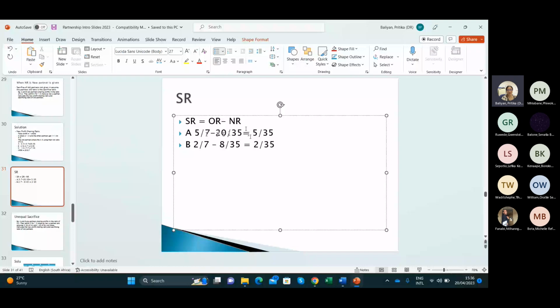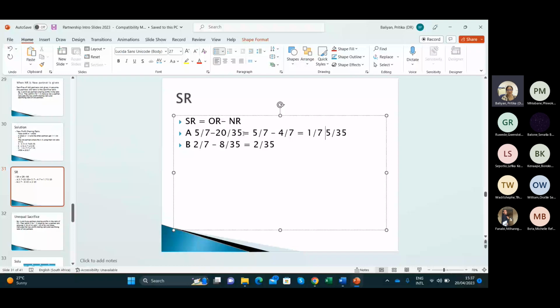So 20/35, if you divide by 5, will be 5/7, minus 4/7. So you will get 5/7 minus 4/7 is 1/7.